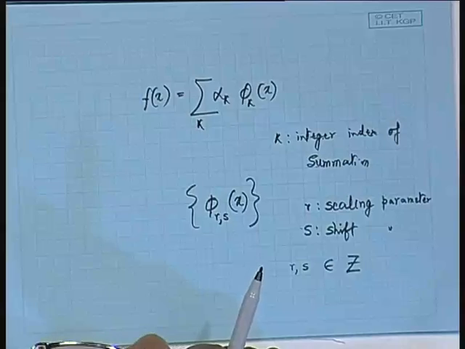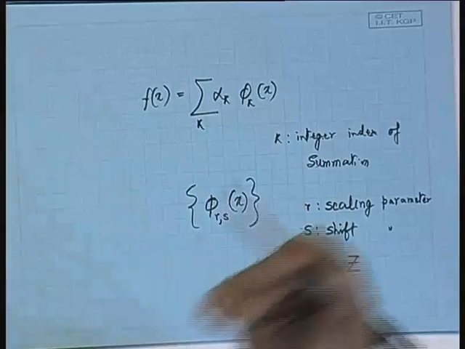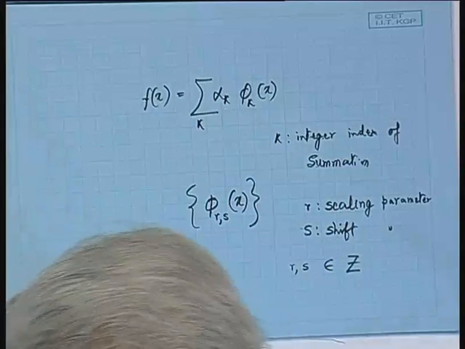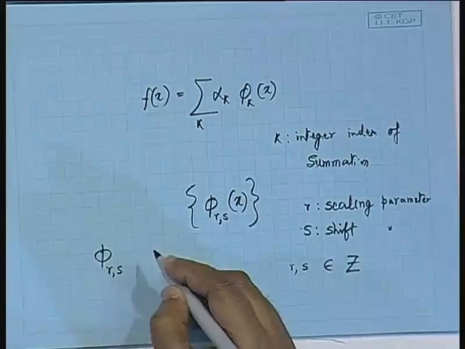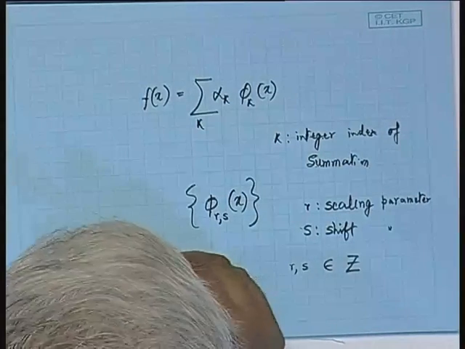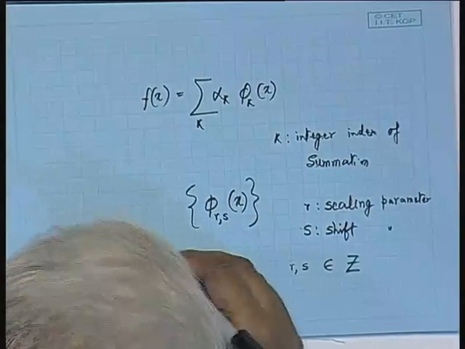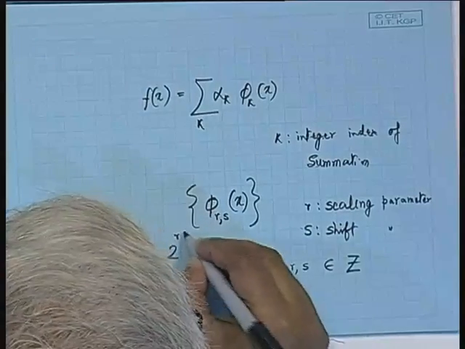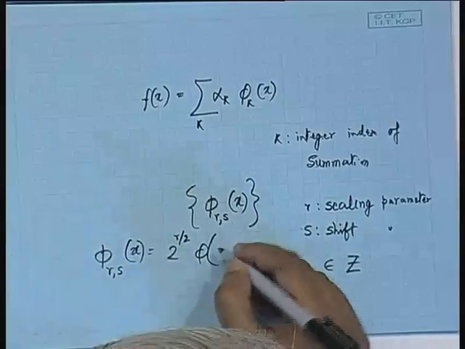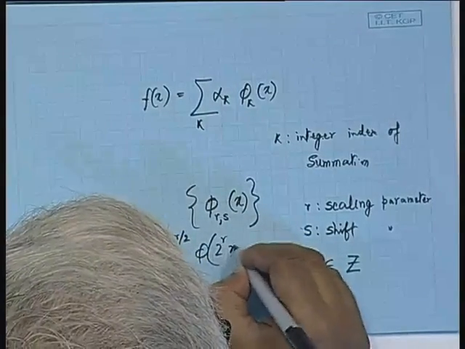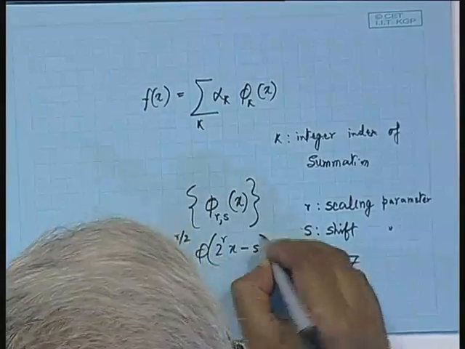And how are these functions interrelated to each other? We define their interrelationship like this: phi r s of x is given by 2 to the power r by 2 phi of 2 to the power r x minus s.